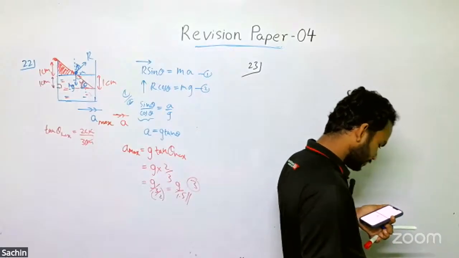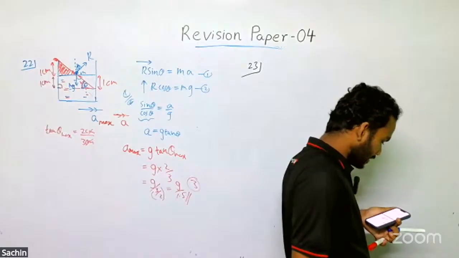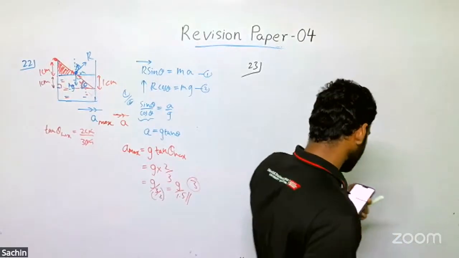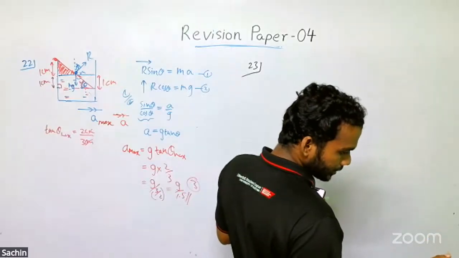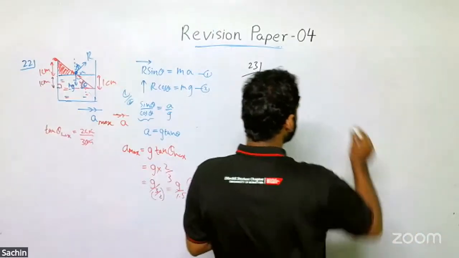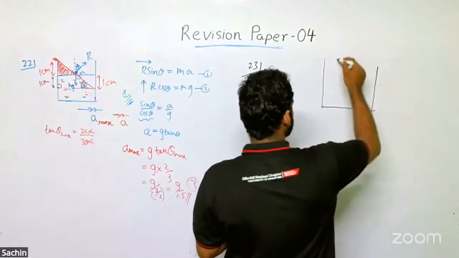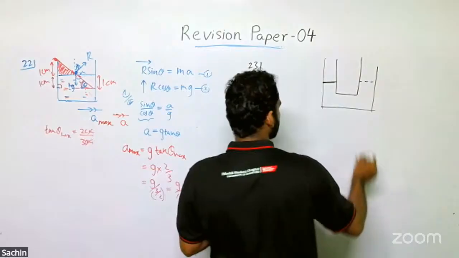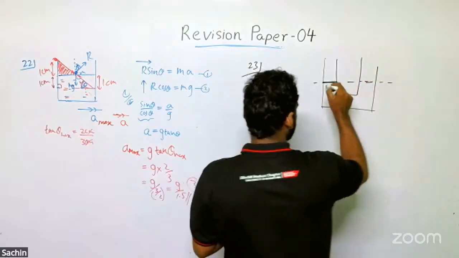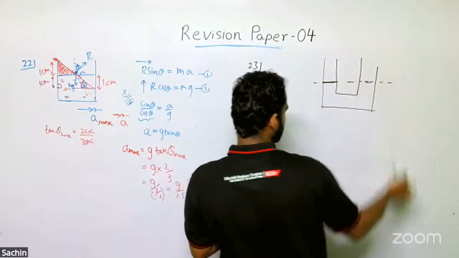So you just compare the pressure balance. But you have to consider the pressure balance for the same liquid. If this is the medium, you should consider the pressure balance for the same liquid. So if you compare a level, both sides at that level should be the same liquid.